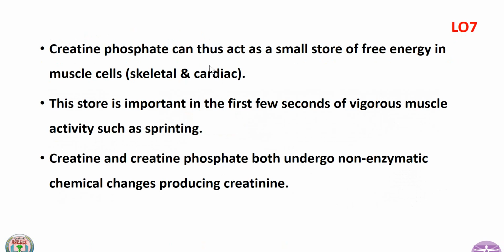Creatine phosphate can thus act as a small store of free energy in the skeletal muscle or in the cardiac muscle. The store is important in the first few seconds of vigorous muscle activity such as sprinting.